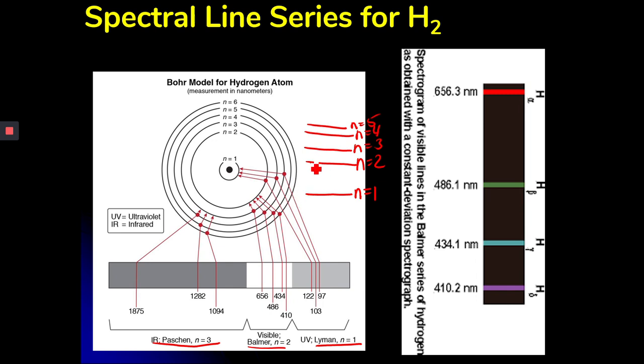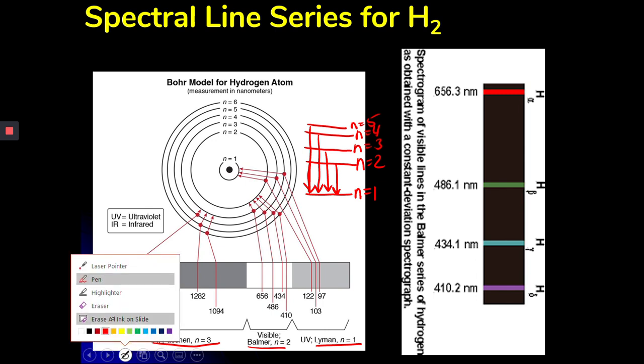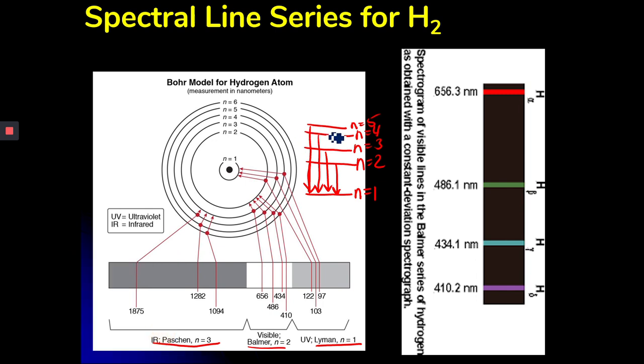You would have to show electrons falling from higher energy levels down to the first energy level to represent the Lyman. If you were looking at the Balmer series, then you would want to draw the lines going to the second energy level. So here we have the Lyman series and the Balmer series.